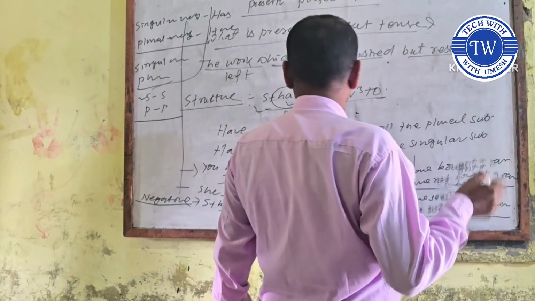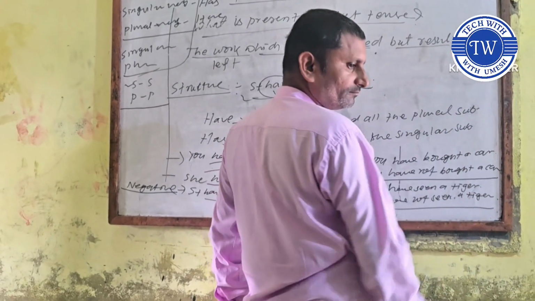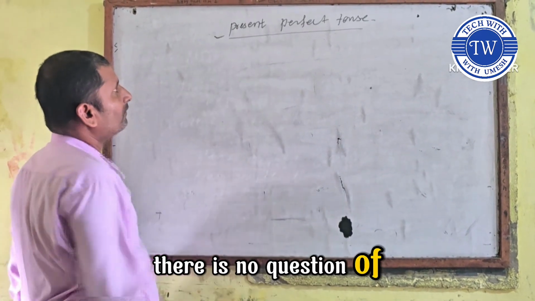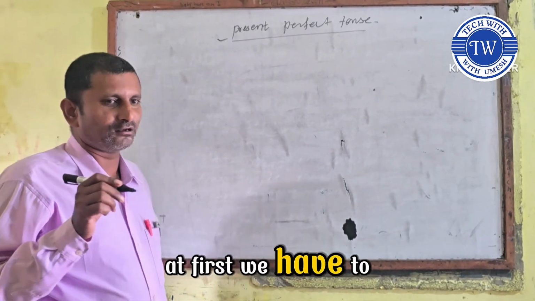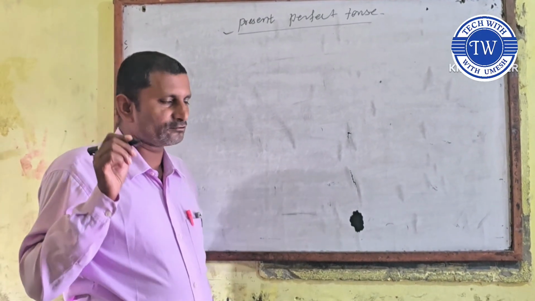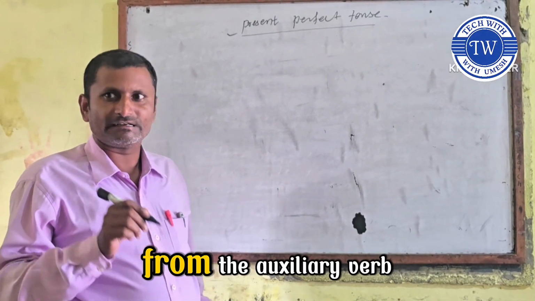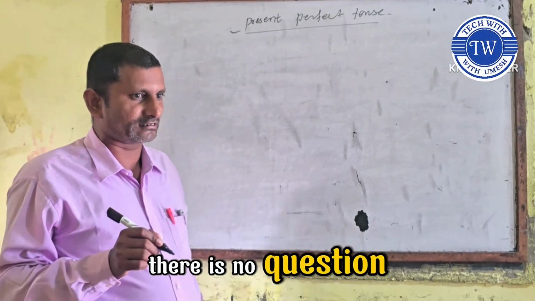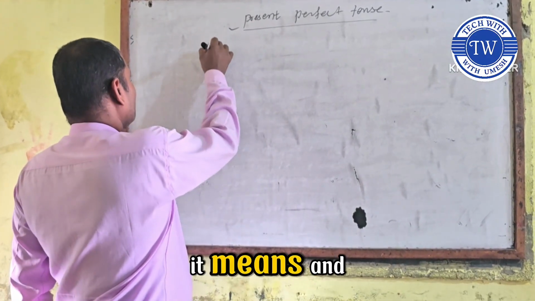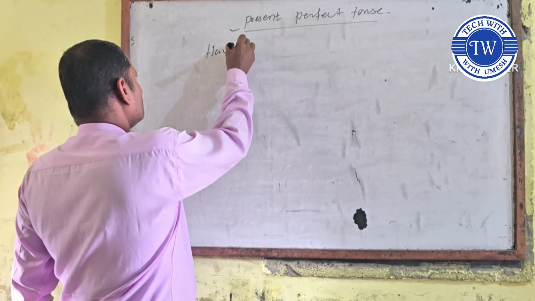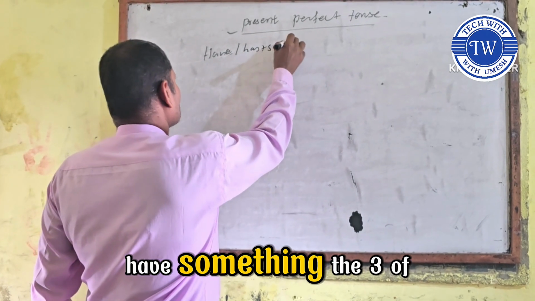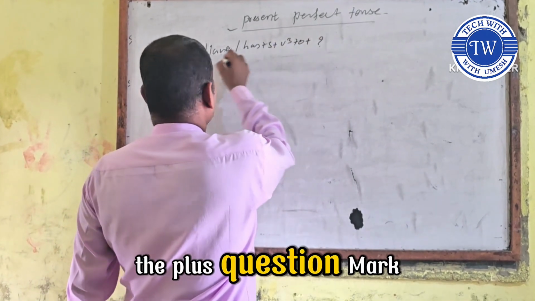And yes, no question of present perfect tense. At first, we have to know what is a yes no question and how to recognize it. Generally, while the question starts from the auxiliary verb, that question is known as the yes no question: have, has, subject, between, object plus question mark.